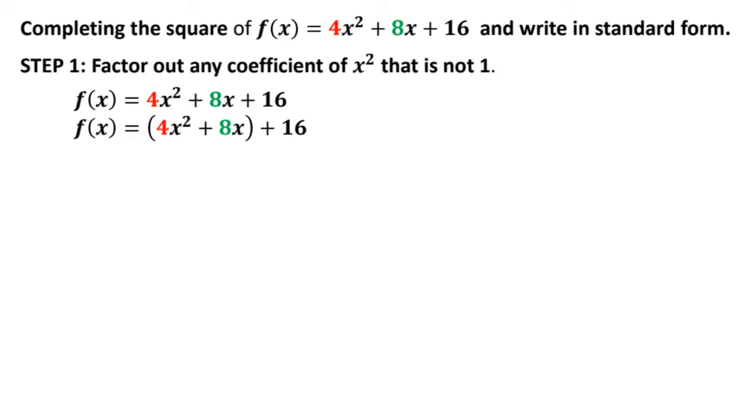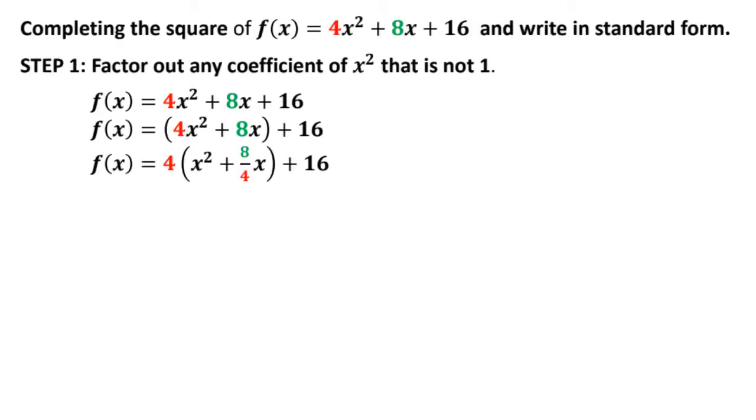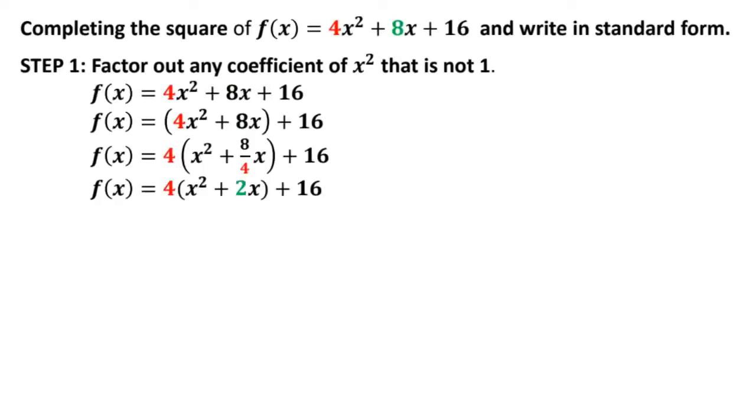So to factor out that 4, we get 4 times the parentheses x squared plus 8 over 4x. Again, we can simplify that, and that's going to give us 4 times x squared plus 2x, plus 16.